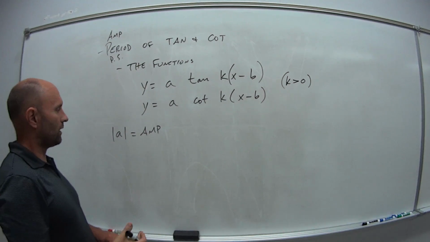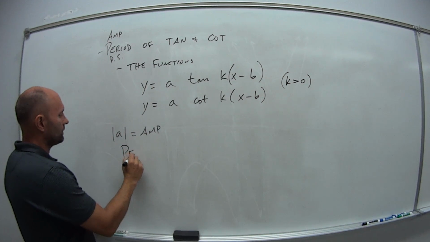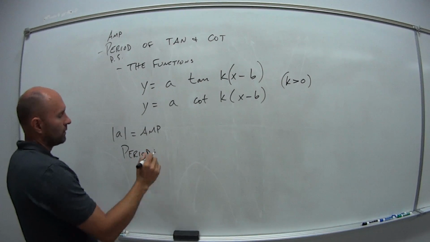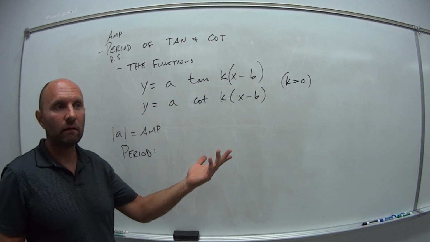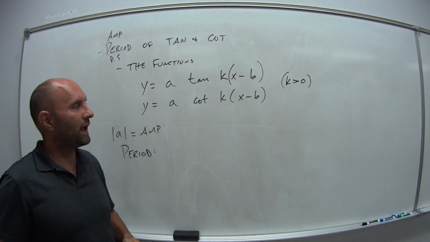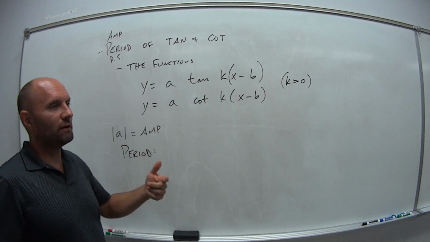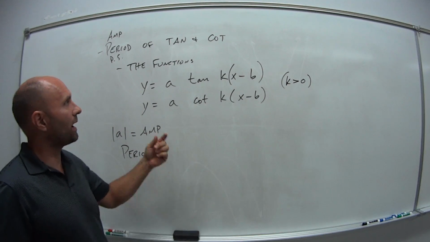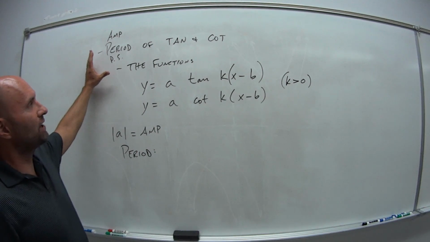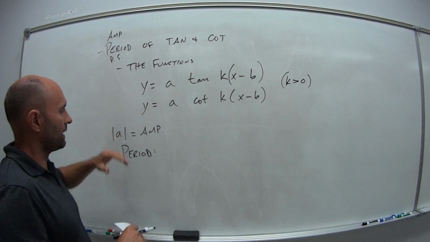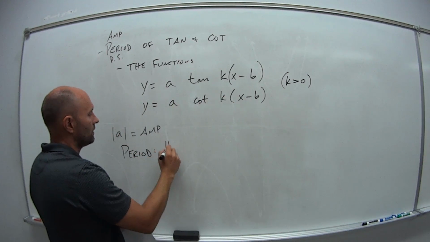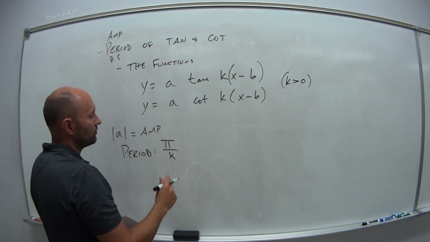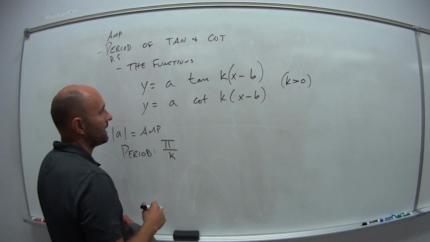The difference now, though, if you remember, when we were dealing with period for sine and cosine, it was 2 pi over k, because the period for sine and cosine was 2 pi. But the period for tangent and cotangent is only pi. So in this case, the period is now going to just be pi over k.